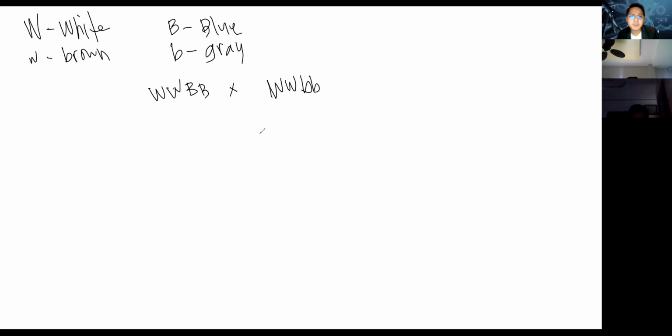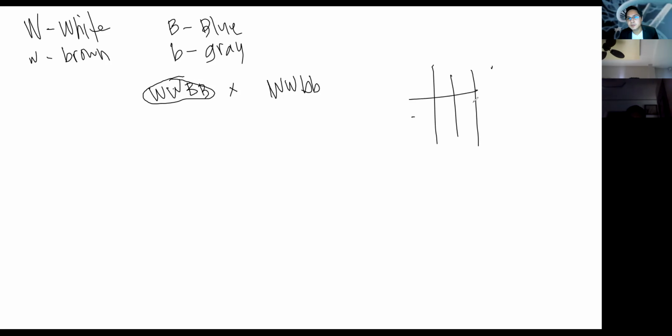How can we get the possible variations in here? Please take note that in crossing dihybrid, everybody, are you still with me? Yes. All right. In crossing dihybrid, you need to cross each parent first to itself. So how can we do this? You need to have a separate Punnett square.